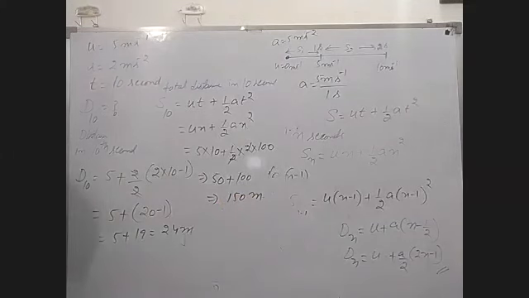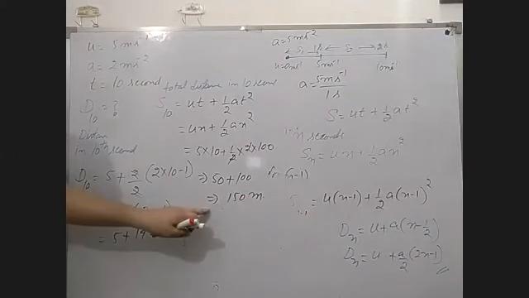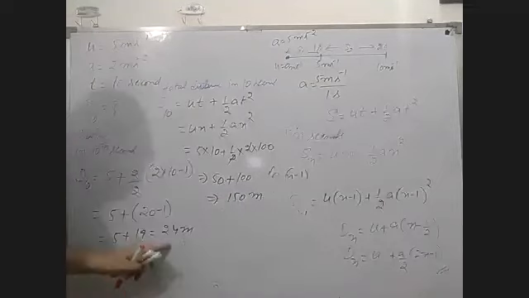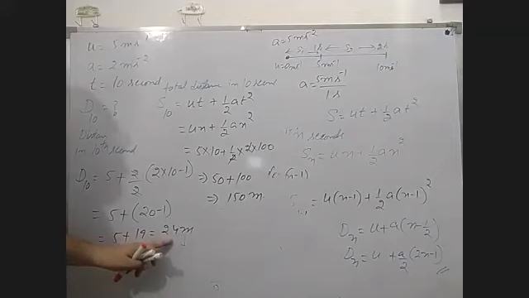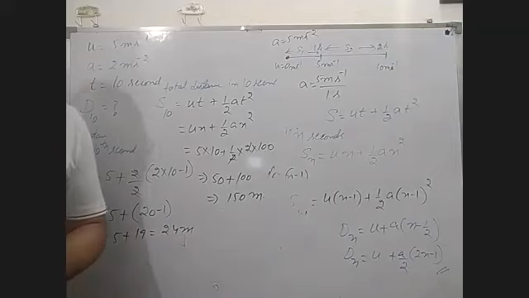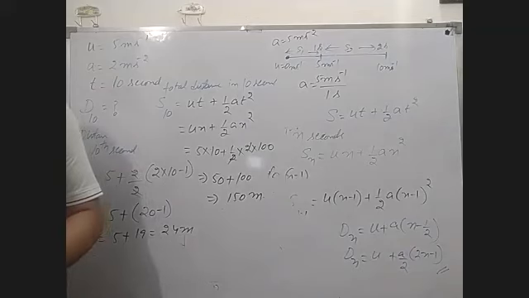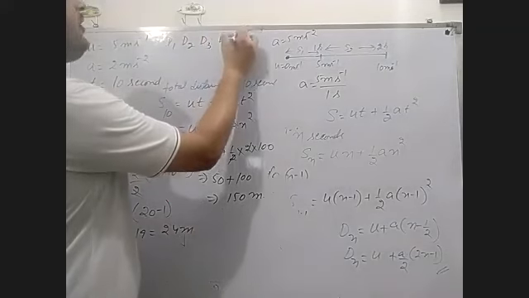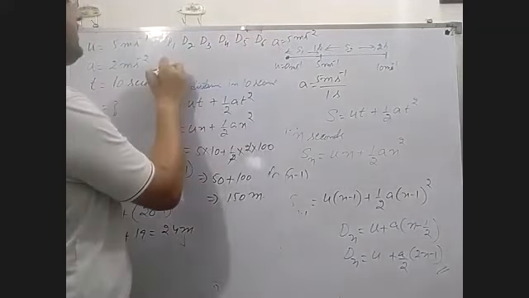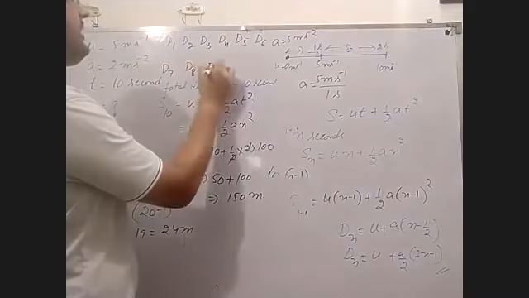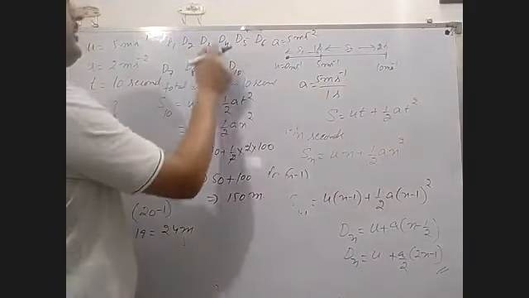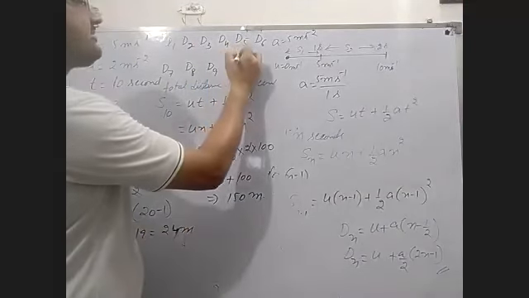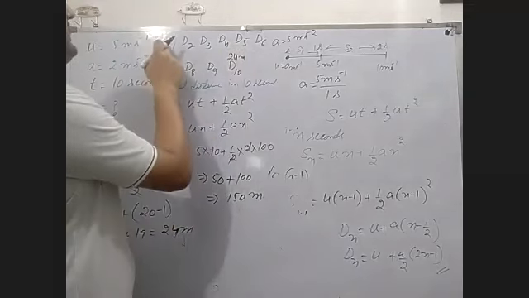You can see here that in 10 seconds, the total distance or displacement is 150, but in the 10th second, it is 24. You can calculate for the 8th second, the 7th second, taking d 1, d 2, d 3, d 4, d 5, d 6, d 7, d 8, d 9 and d 10. In d 10, you calculated the displacement as 24 meters.